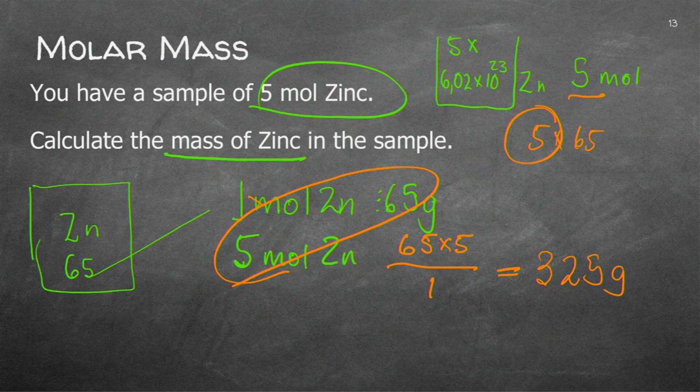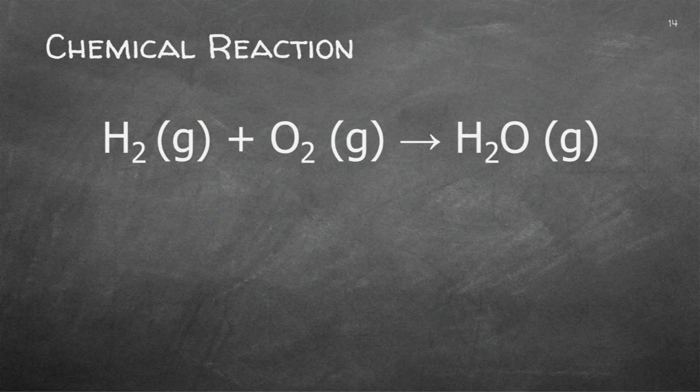What do we do when we get into a chemical reaction and we get questions? This question is, I've got hydrogen gas added with oxygen gas, and I'm making vapour. So this is water vapour, or the gaseous water. Firstly, guys, you have to balance your equation.